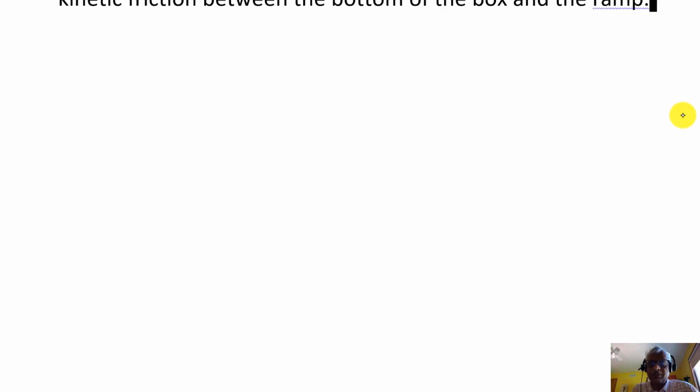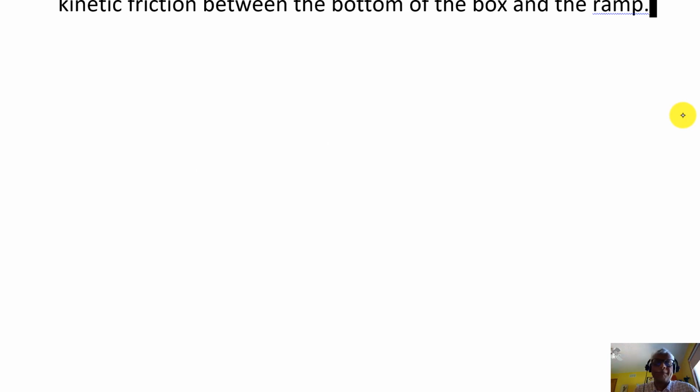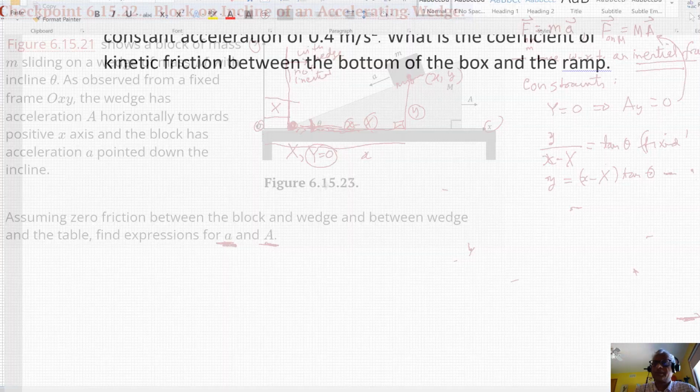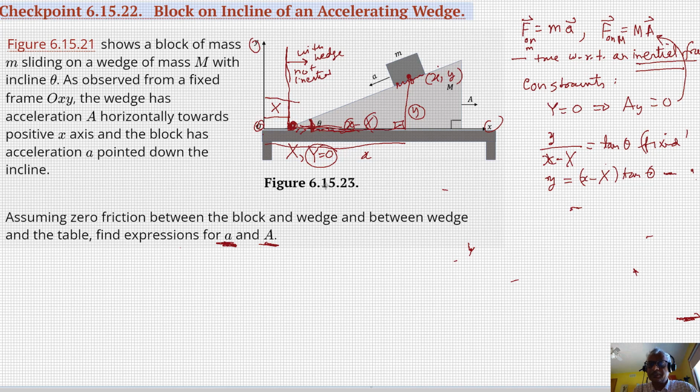Let's call this equation 1 and this equation 2. But you can take a derivative of this, so Vy is d/dt of this whole thing: Vx minus capital Vx tangent theta.